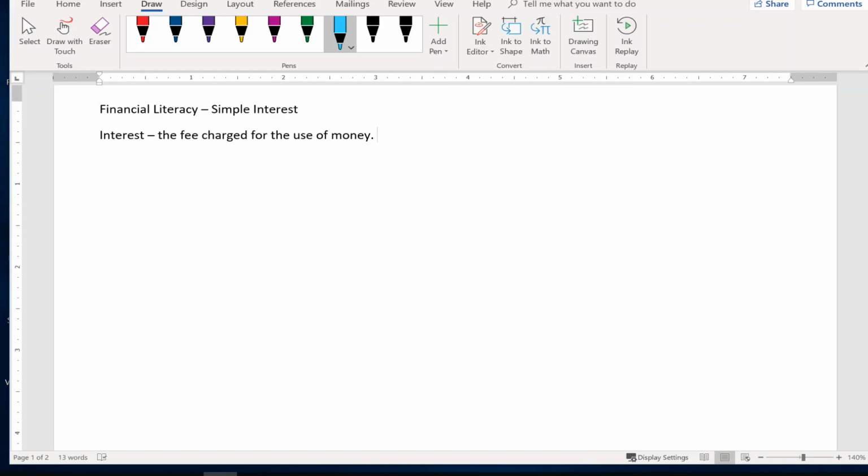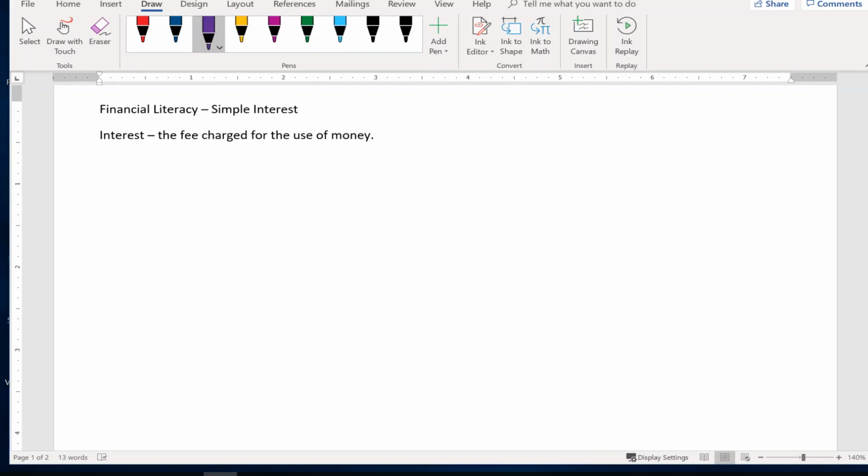Now also when you invest money into a company or into bonds, they are able to use that money and they give you interest on that. On the other hand, you might want to borrow money. So when you borrow money from somebody or from a bank, they charge you interest for that. So that's what interest is.